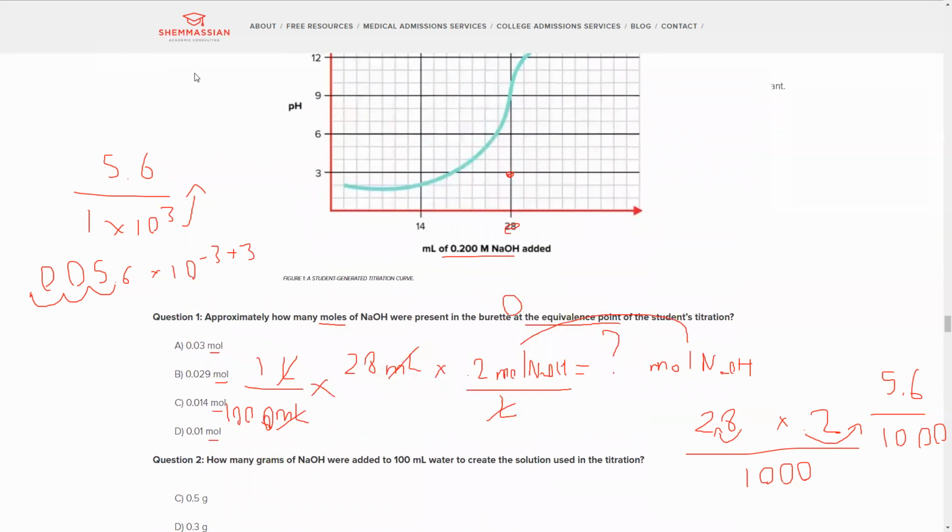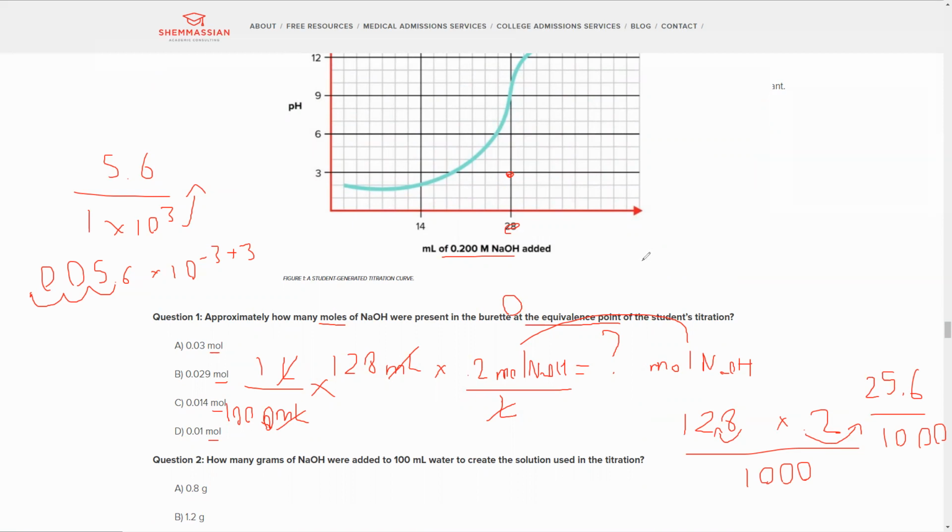Okay, so let's try that. If we're at 128 milliliters, let's do the same things we were doing. 12.8 times 2 is going to give me 25.6, divided by 1,000.